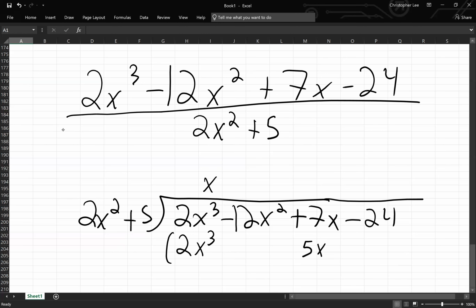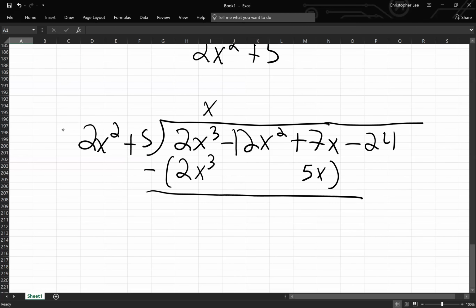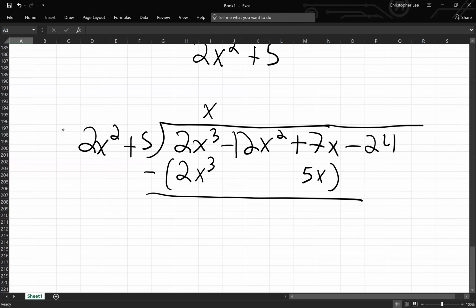I'm going to subtract this. 2x cubed minus 2x cubed cancels out, and this is going to be 0x squared. So negative 12 minus 0 is going to be negative 12x squared, right? And then 7x minus 5x is going to be plus 2x.